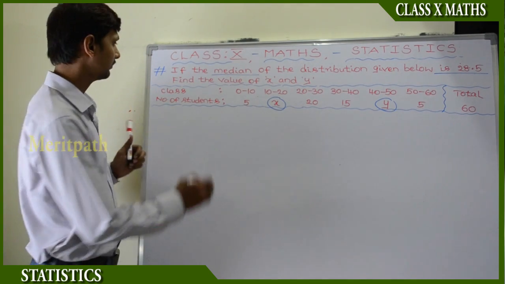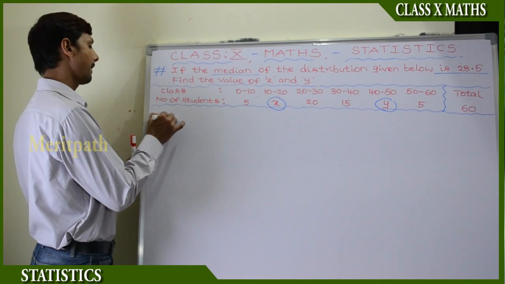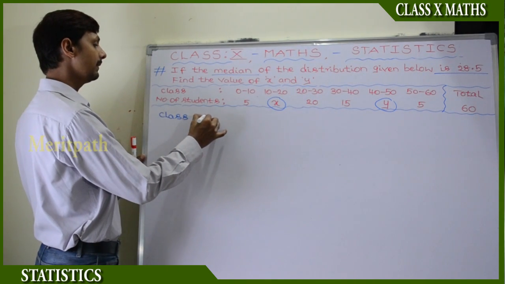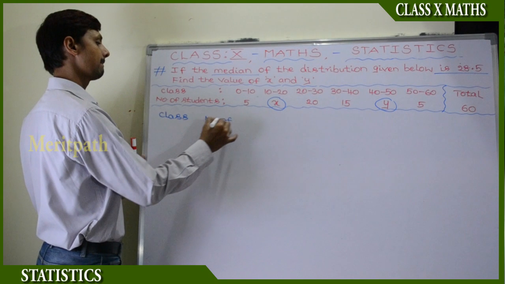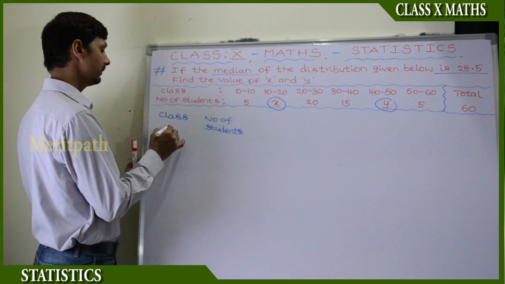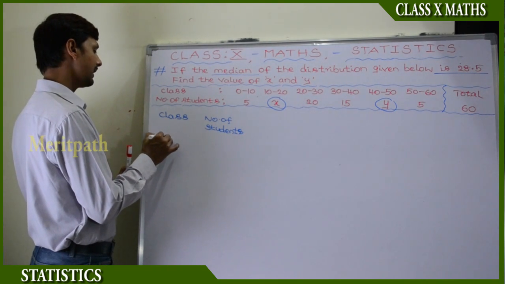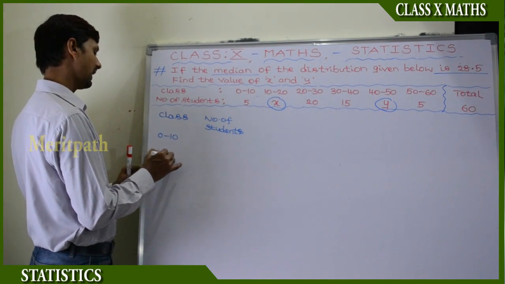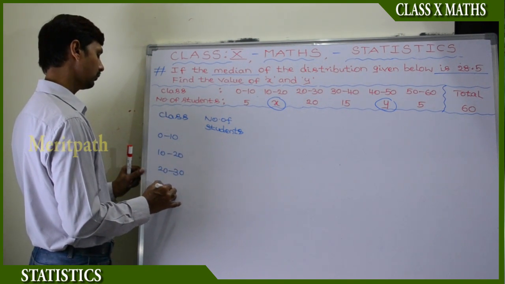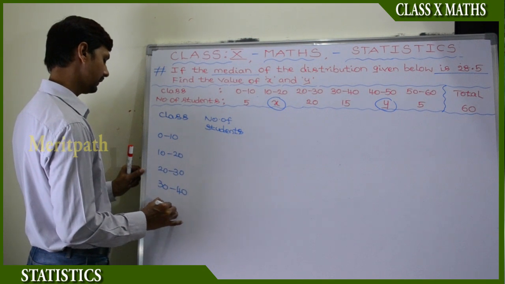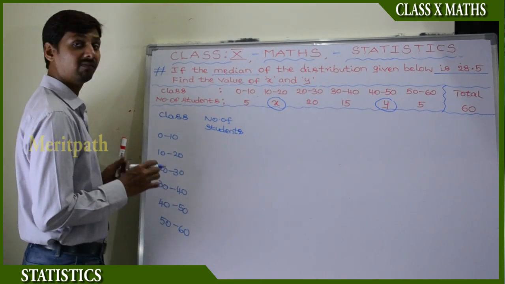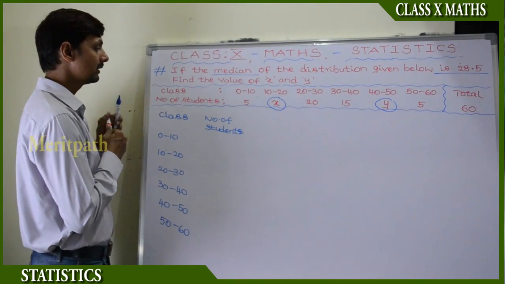So let's take the class and the number of students as the frequency. The classes are 0 to 10, 10 to 20, 20 to 30, 30 to 40, 40 to 50 and 50 to 60.